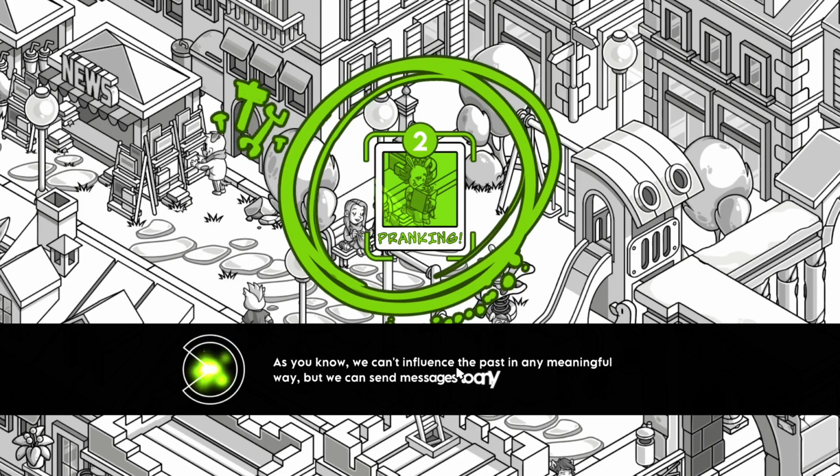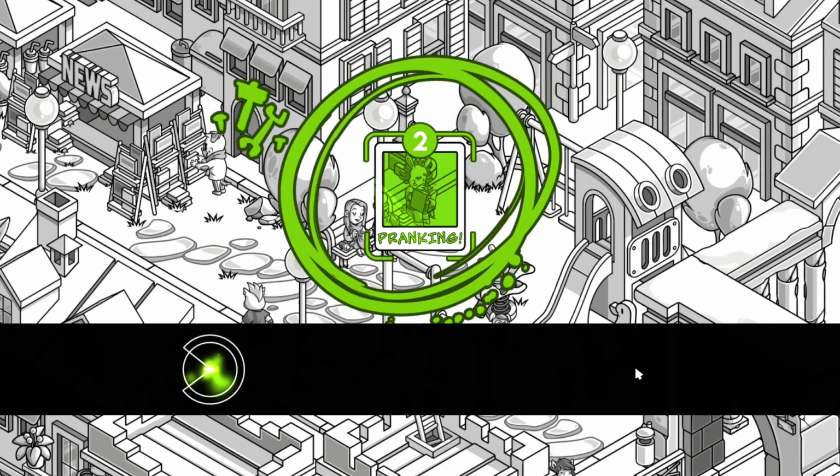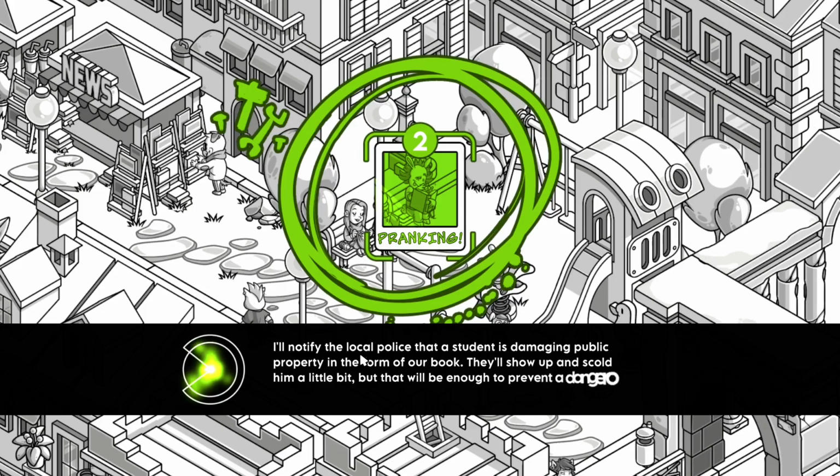As you know, we can't influence the past in any meaningful way, but we can send messages to any technological device. I'll notify the local police that a student is damaging public property in the form of a book. They'll show up, scold him a little bit, but that will be enough to prevent a dangerous chain reaction.